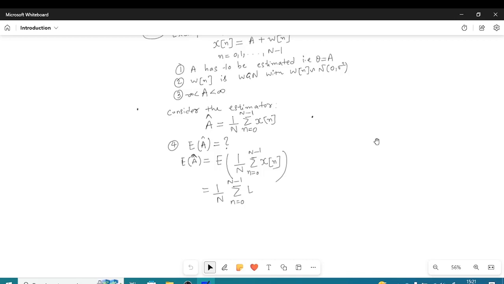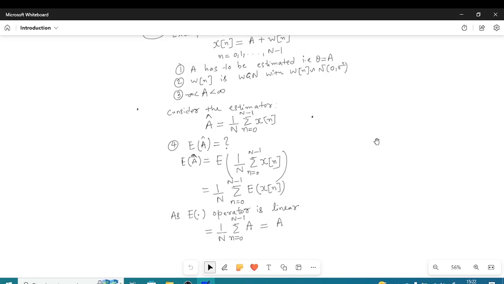How can we write it like this? Because the expectation operator is linear, we can bring the expectation operator inside the summation term. Then we can write the above expression as A. Okay, so the average value of the estimator A hat equals A.